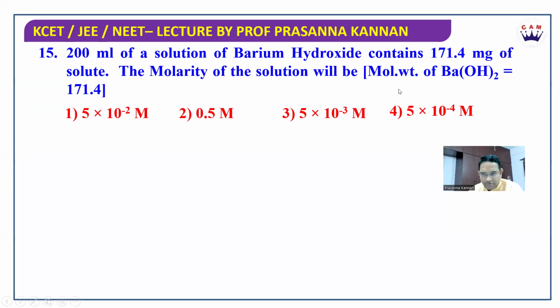No. It will be the third option. Very good. Because milligram, right? Yes, sir. 171.4 milligram is there. 171 divided by 171 will give you number of moles. So it's 1 millimole. 1 millimole is present in 200 ml. So in 1000 ml, how many millimoles will be there? 5 millimoles. Therefore, the molarity is 5 millimolar. So answer is 5 into 10 power minus 3. Good.